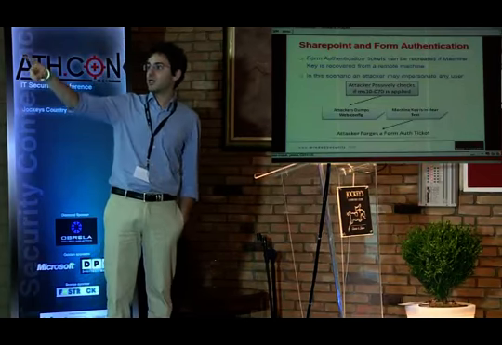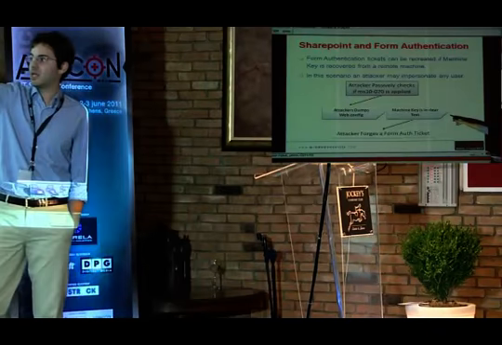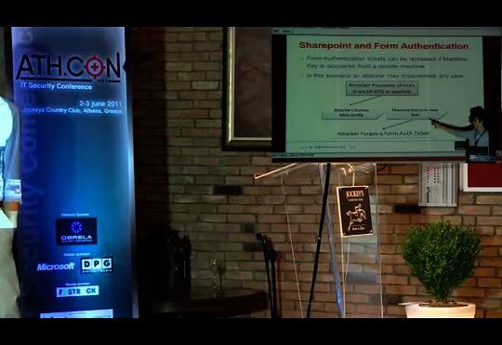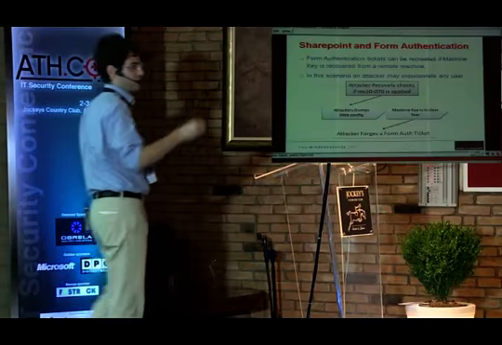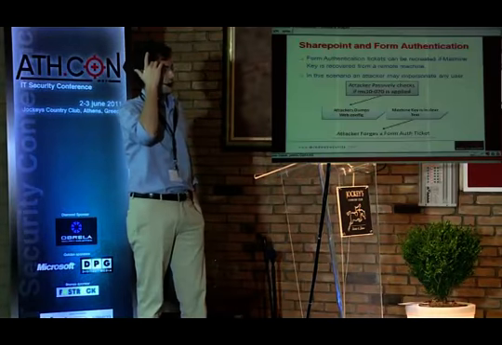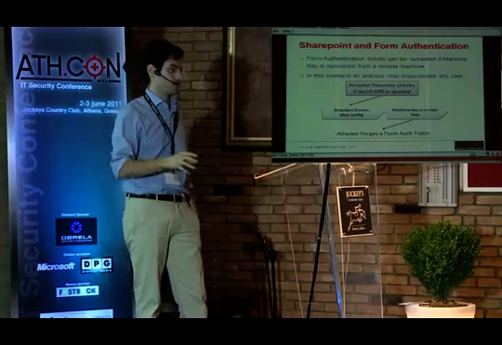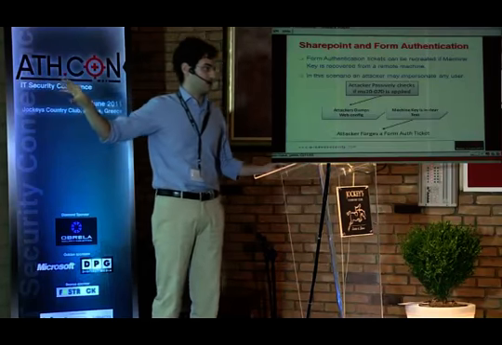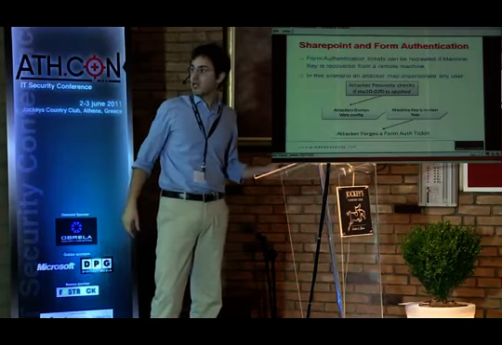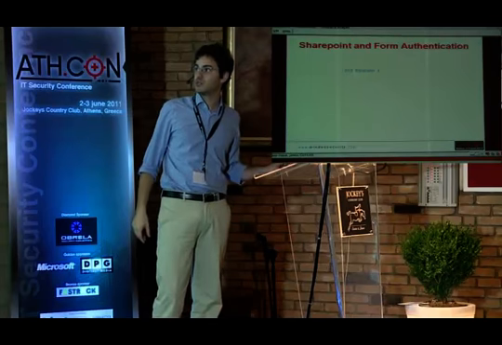In this case, you can exploit this vulnerability and then download the web.config. Inside the web.config, you will find the machine key for that particular SharePoint installation, because SharePoint usually keeps the machine key inside the web.config, and afterwards you can forge authentication tickets.